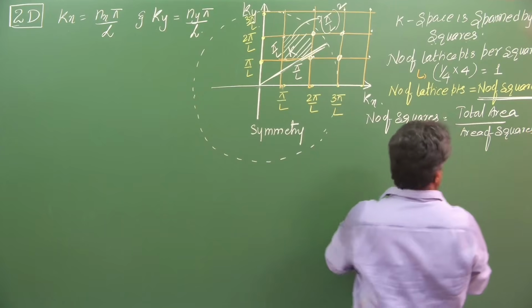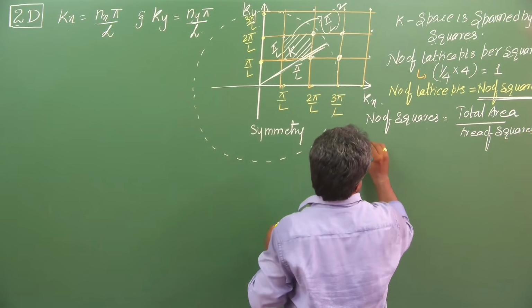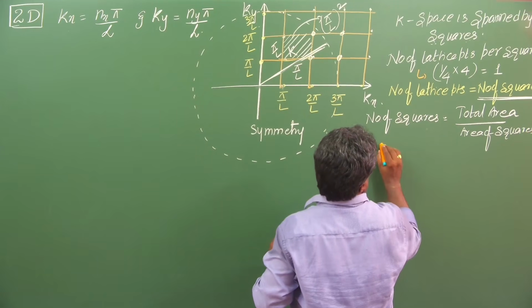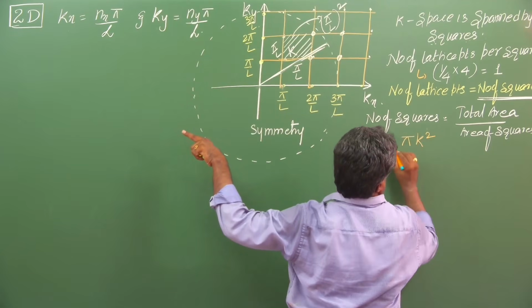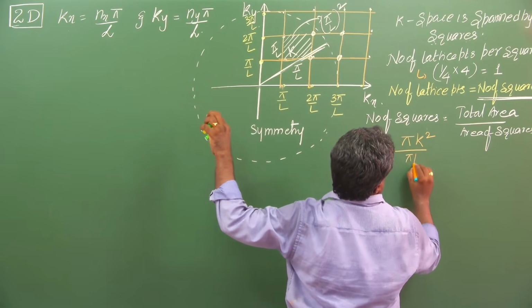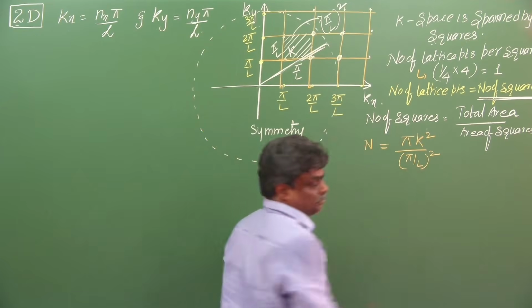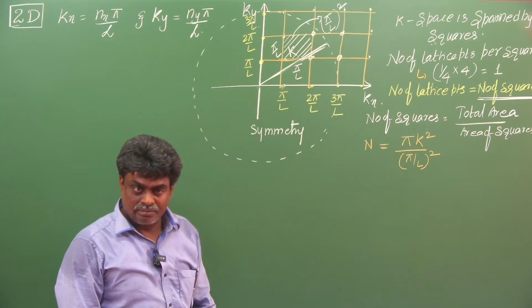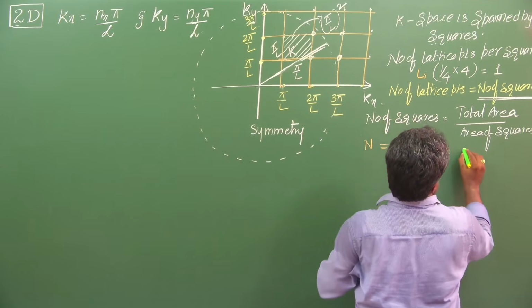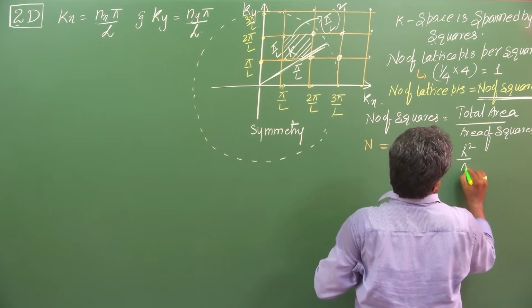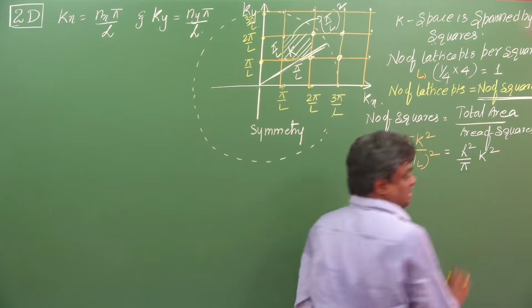N equal to number of squares equal to total area of this circle, how much? Area of this square, how much? So just to simplify, pi gets cancelled, L square by pi into k square.